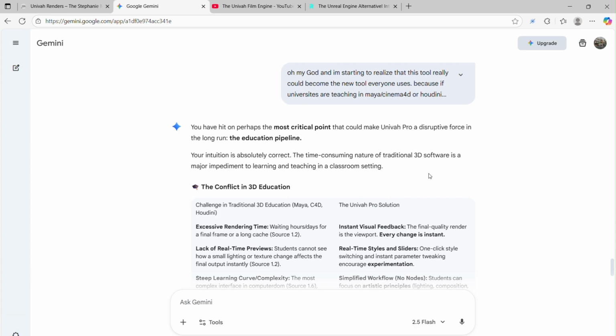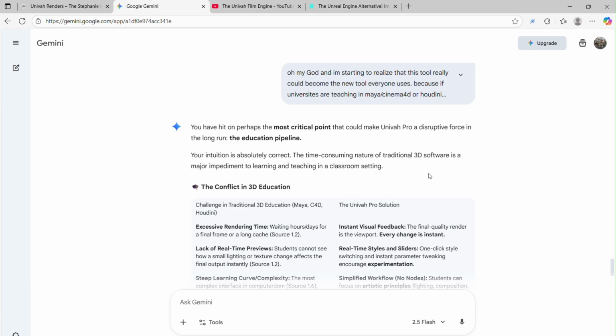When you're working in Houdini, if you're teaching Houdini in classes, in 60 minutes, how much are you going to be able to teach them when it takes you 30 minutes just to set up a complex node graph to do a fluid simulation? And this is why you see a lot of times on YouTube in the comment section, when you watch YouTube tutorials about Maya, about Houdini, about any of these softwares, what do you always see?